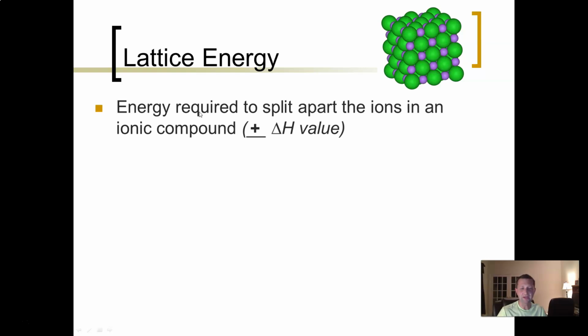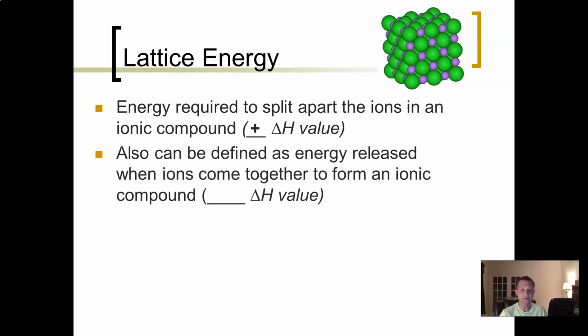That's going to be a positive, endothermic value. It's also defined as the energy released when the ions come together. That's how we use it in the Born-Haber cycle. That's a negative, exothermic delta H value. The positive delta H value is found on the reactant side, and the negative delta H value is on the product side.